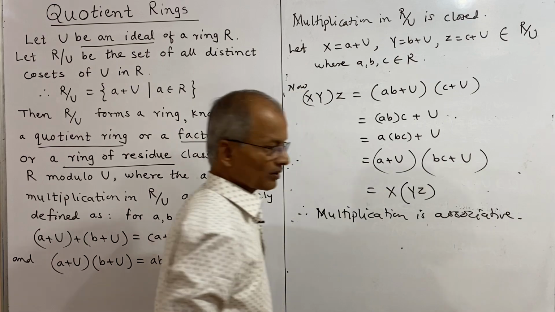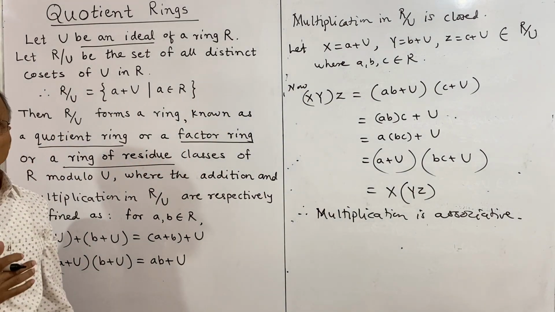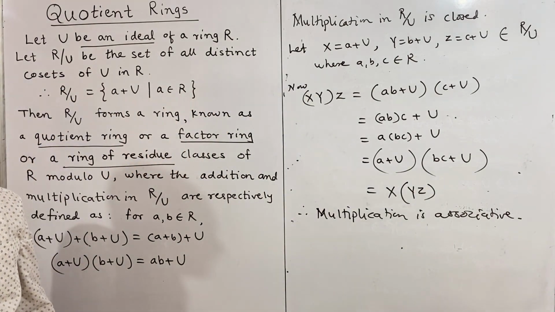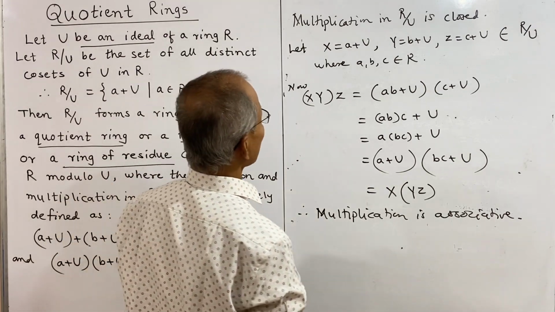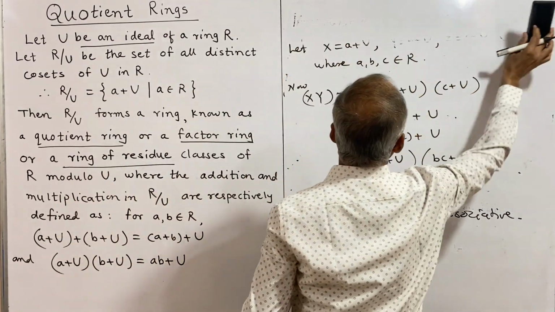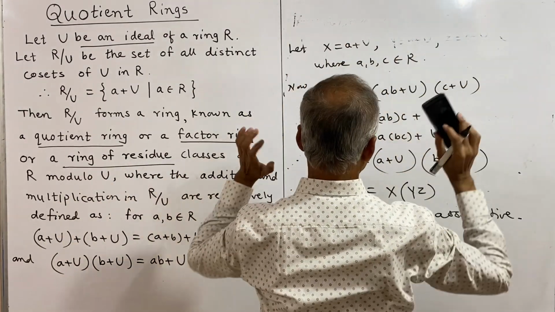Now the last property: multiplication is distributive over addition. Next, the distributive laws. We shall consider the same x, y, z.